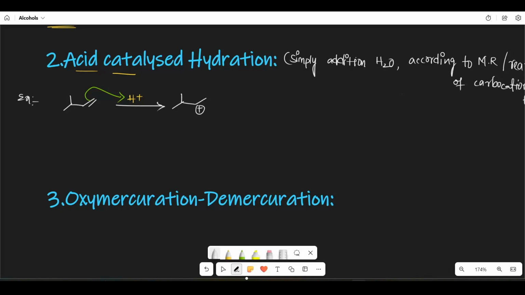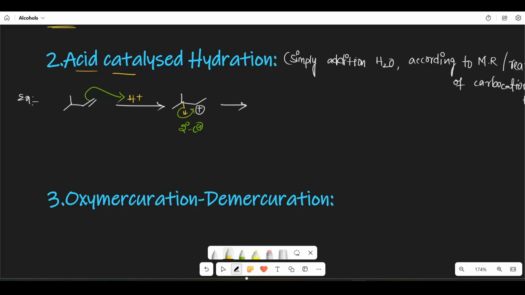The rearrangement occurs because, as we know, this is a secondary carbocation. There is a possibility of getting a tertiary carbocation because one hydrogen is there. If you do a 1,2 hydride shift over here, you can get the tertiary carbocation. Let's do that, just shift this over here.